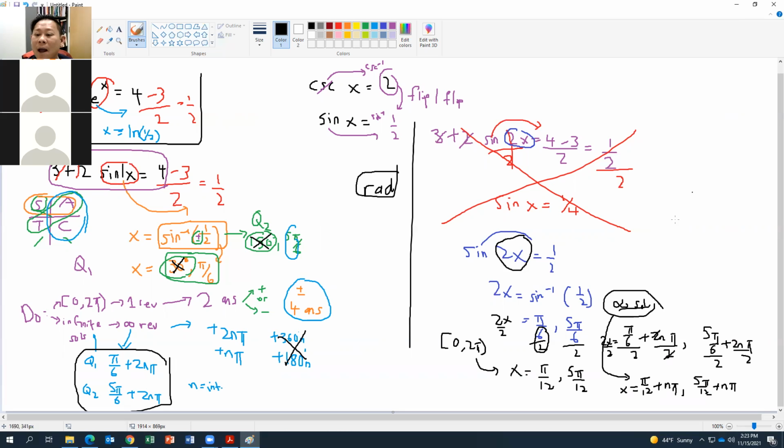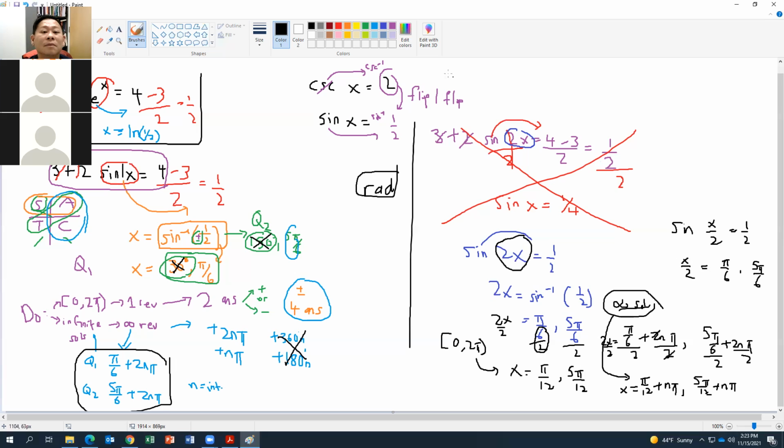Okay. But what happens if this is not 3x, this is x over 2? So you still do the same thing. You will still get pi over 6 and 5 pi over 6, right? But how do you get rid of this over 2? Now, we don't divide here.